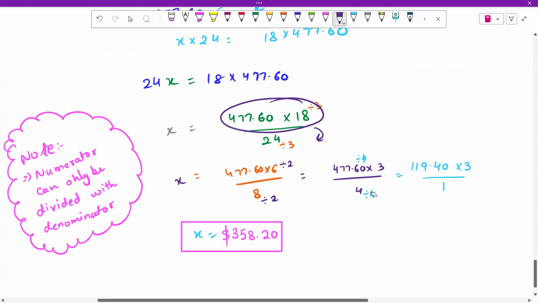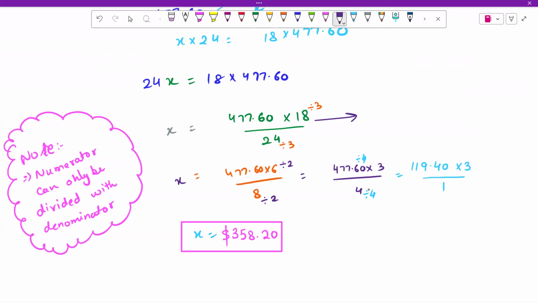When did you multiply it before solving this question? After I did the proportion, I cross multiplied, and then I didn't learn that you have to simplify in this situation. So I just multiplied 477.60 times 18.